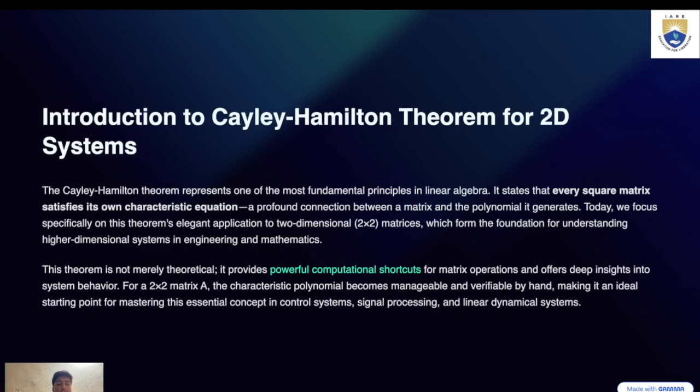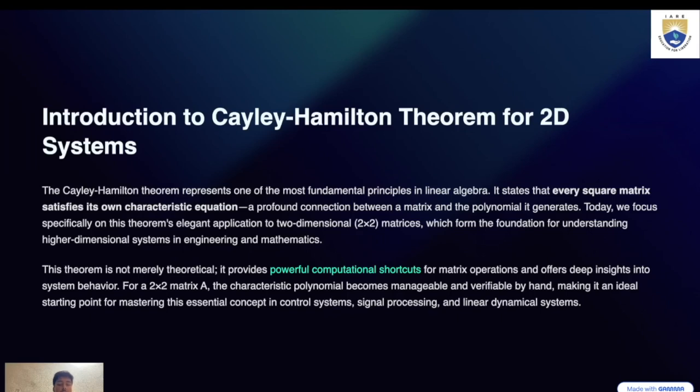Matrices, which are arrays of numbers arranged in rows and columns, are central to this understanding. A square matrix, where the number of rows and the number of columns are equal, can represent a system of linear equations or a linear transformation.